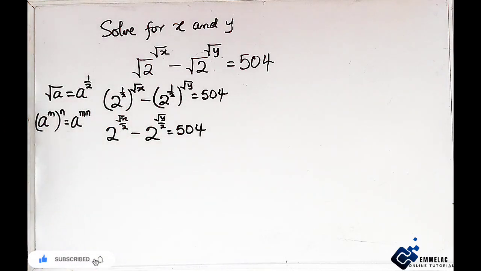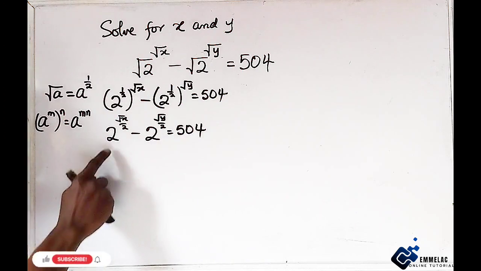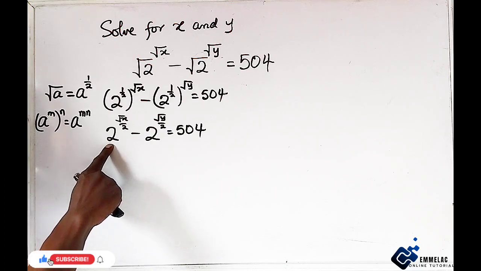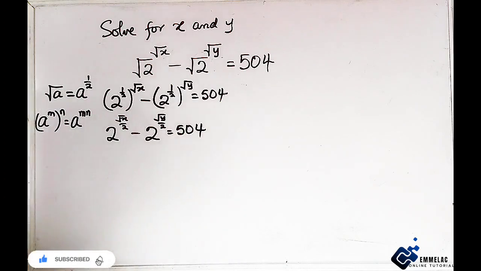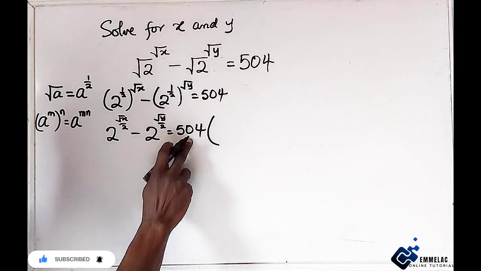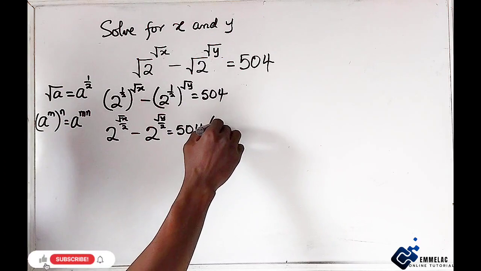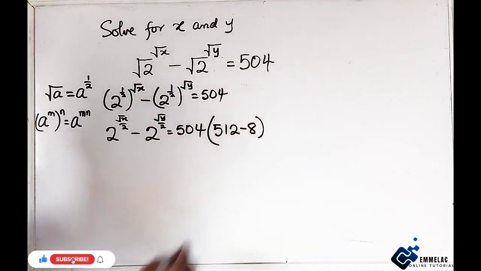Now the question is, how do we generate a number in which each of the numbers on the right hand side has a base of 2 and an exponent we don't know? I came to the conclusion that 504 is the difference between 512 and 8.